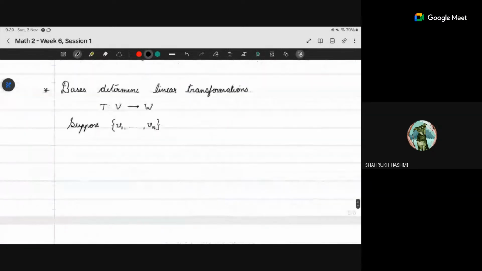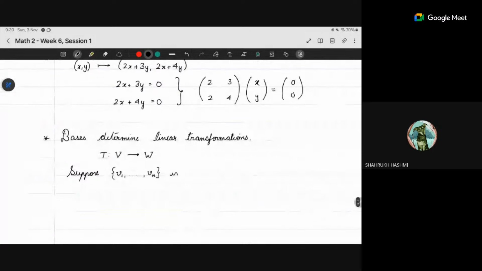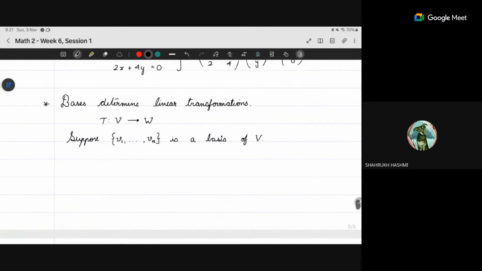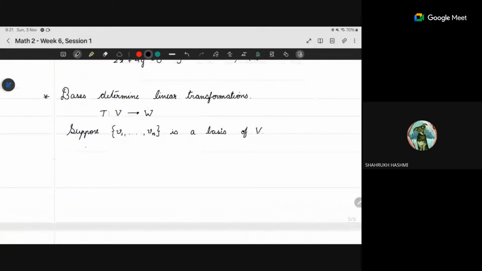Now let's make it formal. Let's not go for an ordered basis right now. Basis of V, so the basis of the domain, and then T(V1), T(V2). This is another convention that we don't write T bracket V1.